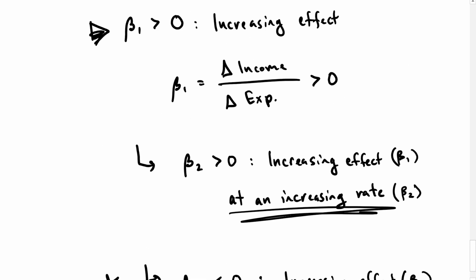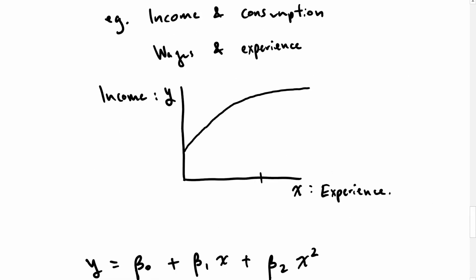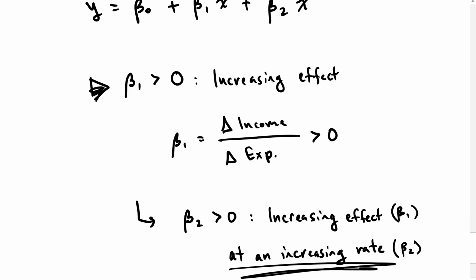So experience is going to increase income, but as you get older and older and have more and more experience, yes, it may still increase your income, but not by as much as it did back when you were 22 years old, going to 23. Going from 22 to 23, the rate of increase in your income, this isn't age, but let's just say 22 to 23, and then over here you're going from 62 to 63. You may increase your income, but the rate is not nearly going to be as high as back in early career.